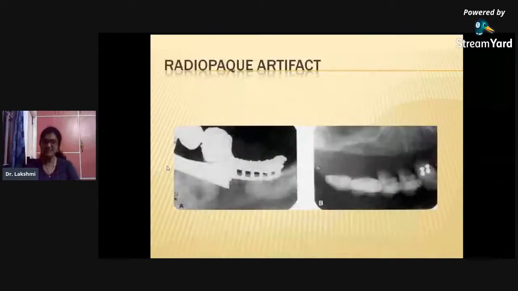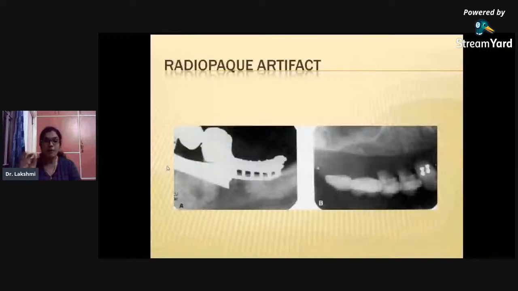First thing, radiopaque artifact. You're positioning a patient. If he or she is wearing specs, or a tooth jewel is there, or any metallic earrings, nose pin, and other things, and even a cast partial denture in the mouth, any prosthesis, then that time also this radiopaque artifact is possible.